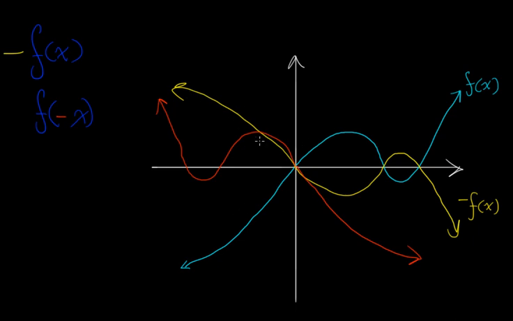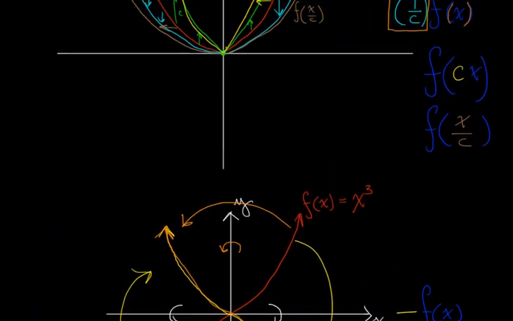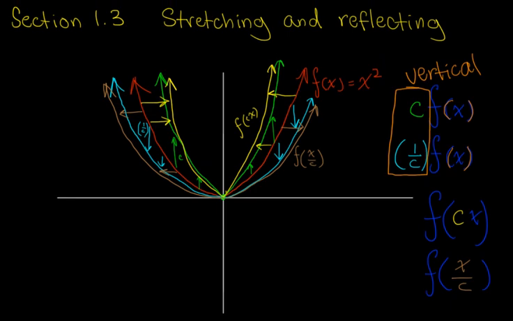Might be kind of hard to see with the yellow graph on there, but just try to look at this and this, ignoring the yellow, and can you see how they are reflected about the y-axis right here? So that's it for reflections, and I will do problems related to this in a future video.